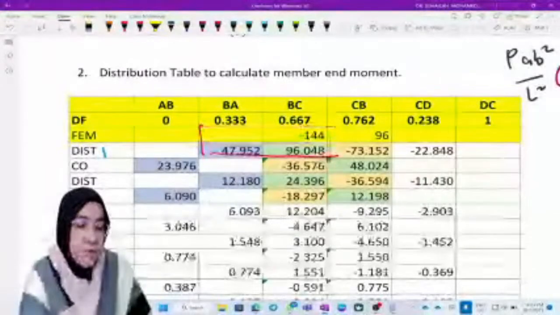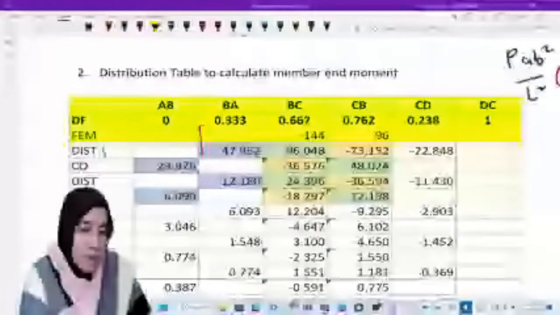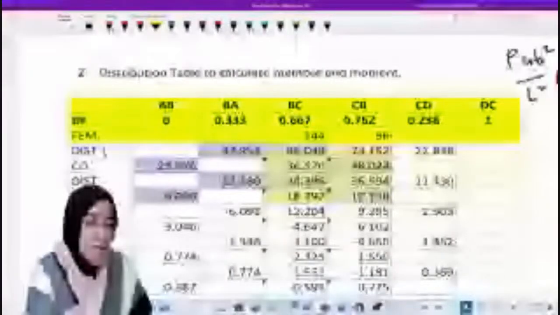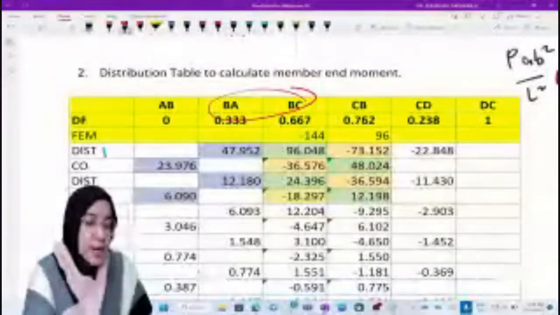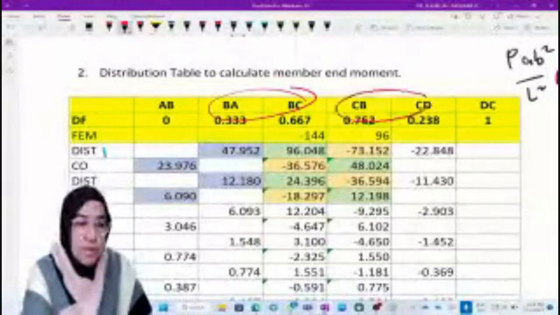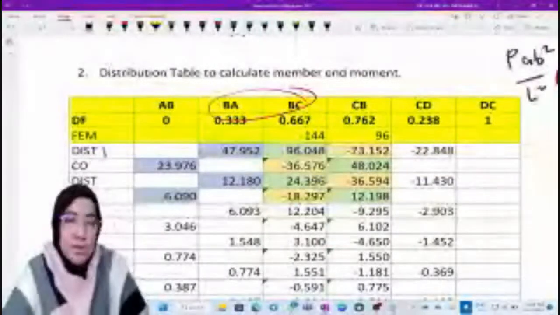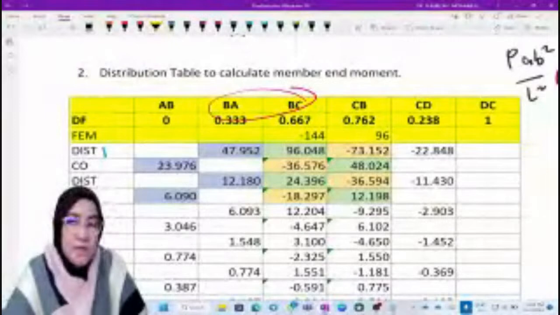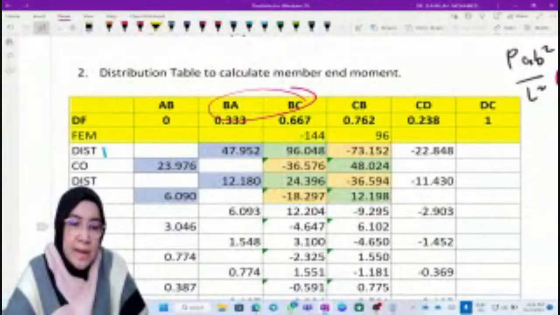Just now we did joint B. Now we move to joint C. In C, the total moment is 96 and 0. But don't forget 96 is not the joint moment. It is the member end moment.